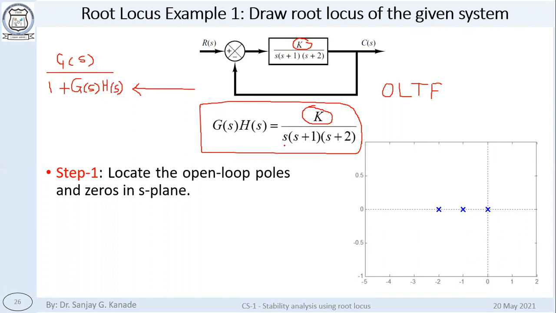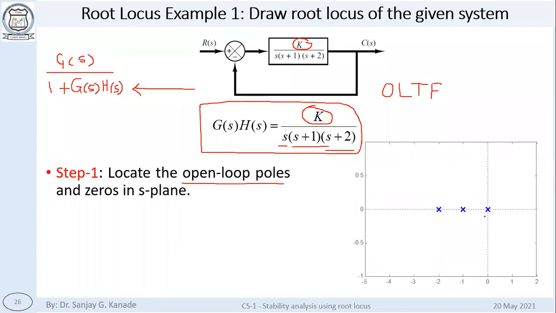Okay, so the first step is to locate all the open loop poles and zeros in the S-plane. Remember, we are talking about open loop poles and zeros. So this is the function G(s)H(s) equal to k upon s(s+1)(s+2). For this function, the poles are s equal to 0, s equal to -1, and s equal to -2, right?